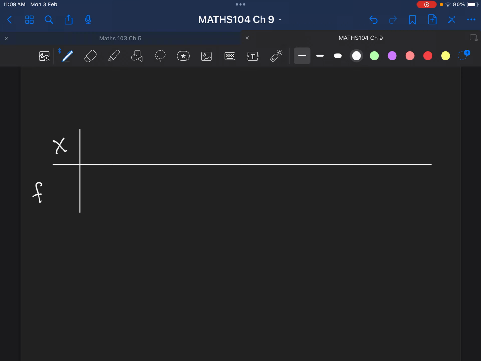I will write values of x, and I will write the numbers that we should get. Remember, f of x, my function, was (x squared minus 1) over (x minus 1). Now, we know that at 1, it is undefined. I cannot plug in 1. Now, let me try 1.1.